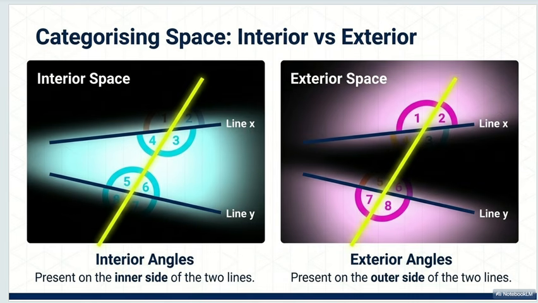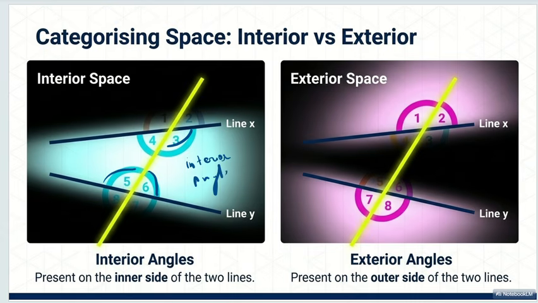Exterior means outside, the angles formed by the transversal and the two lines outside the lines. So here you can see angle 4, angle 3, angle 5, and angle 6. These are the interior angles.